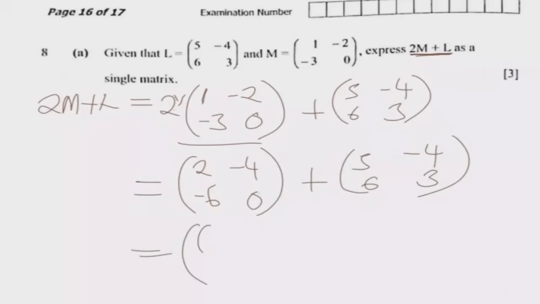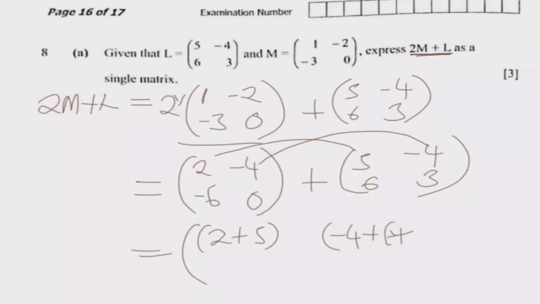So we put the corresponding numbers in smaller brackets. We add 2 plus 5, close bracket. Again, we add -4 plus -4.